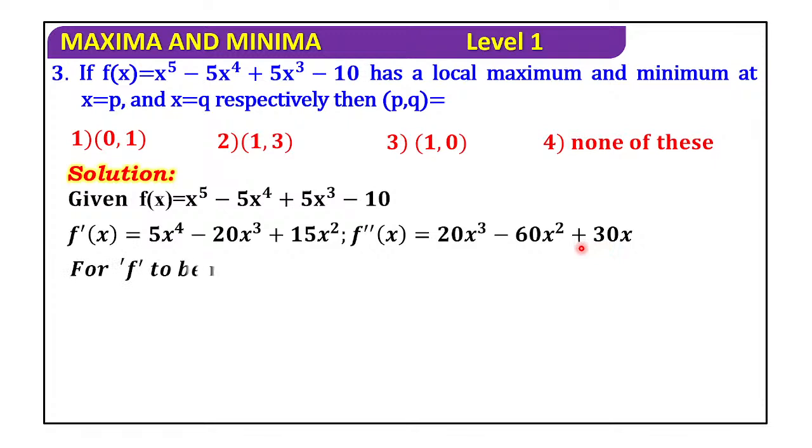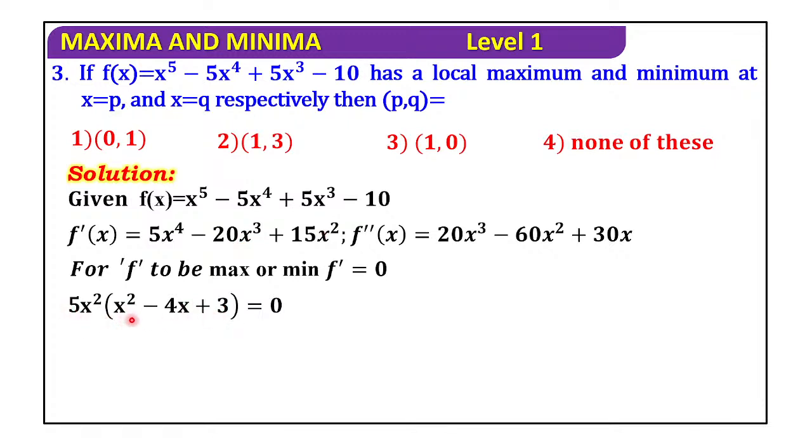Now for the given function, we know that we have to take f dash of x equal to 0. So if I take f dash of x equal to 0, you just see here 5 is common, x square is common. I will take 5x square as a common term. If I take 5x square as a common term, x square will remain from the first term, 4x will remain from the second term, and 3 will remain in the third term. Clear?